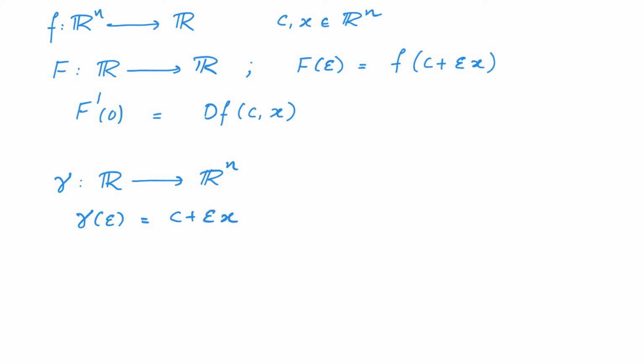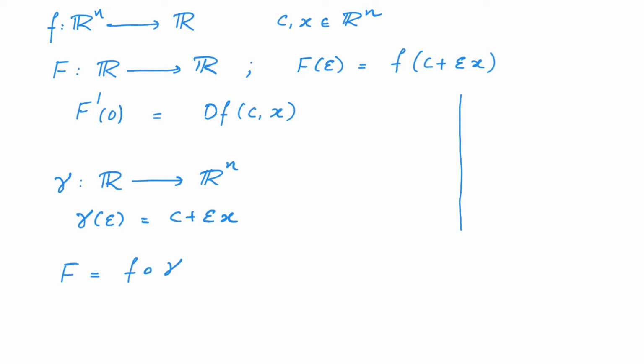As c and x are elements in Rn, c plus epsilon x is also an element in Rn. So this is a function from R to Rn. Notice that capital F is equal to small f composed with gamma. So this is another way of understanding that capital F is a function from R to R.